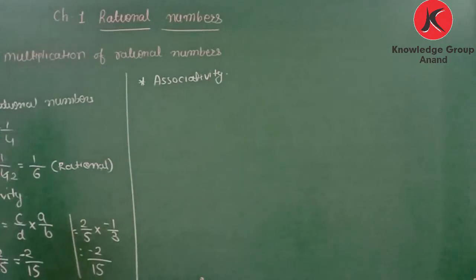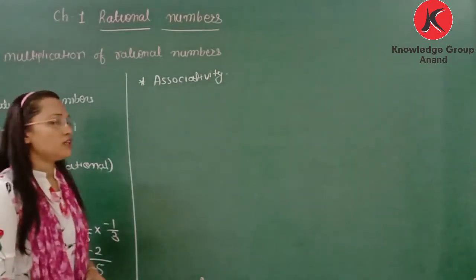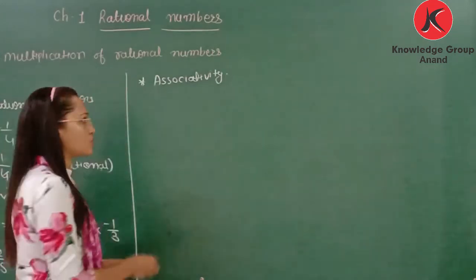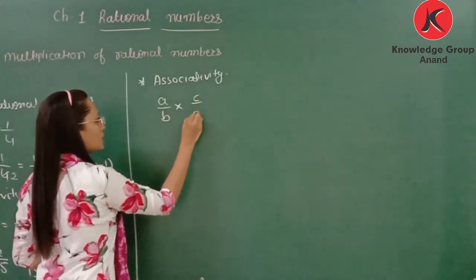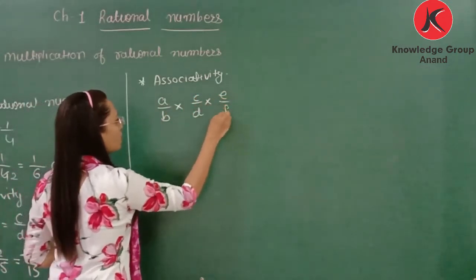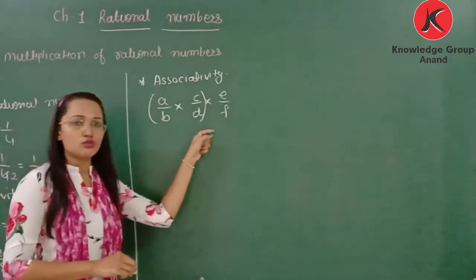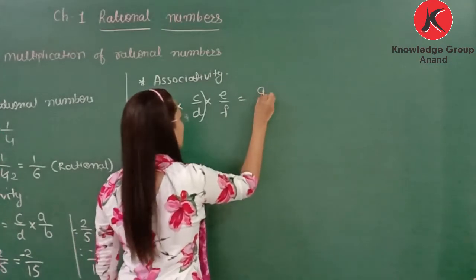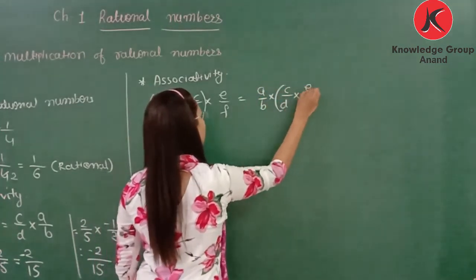After that we learn the next property, that is associativity. In associativity, what we need to do? Here we can change the group in a multiplication. So if we have three rational numbers a by b, c by d, e by f, then if there is a group of the first two rational numbers, its answer is the same as a group of the second and third rational numbers.